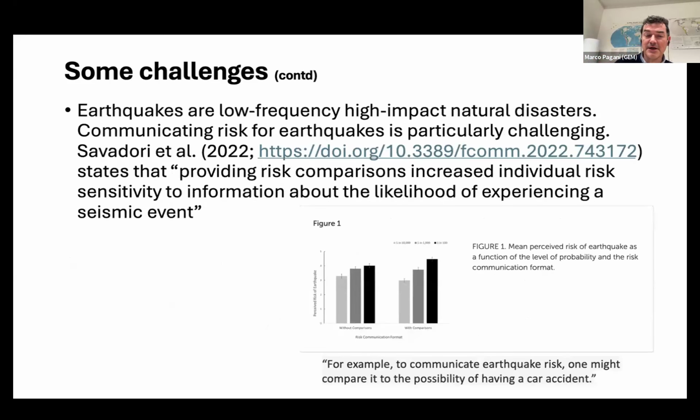Earthquakes are, moreover, low frequency, high impact natural disasters. That means that in many cases, people forget the risk to which they are exposed.